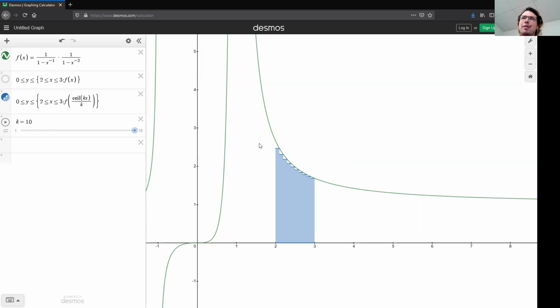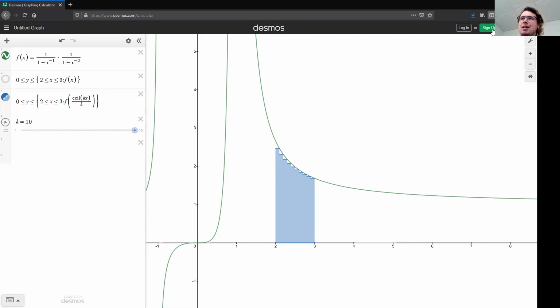But the problem that I'm having is that I need to have a formula for how to add up the areas of all these rectangles. It's one thing to draw the picture, but I really do want to have some kind of number here.